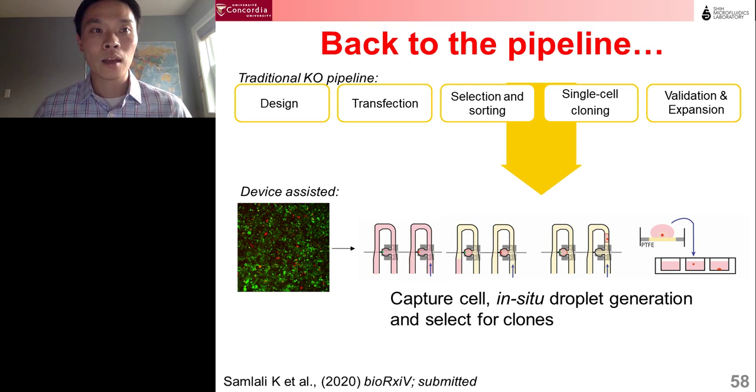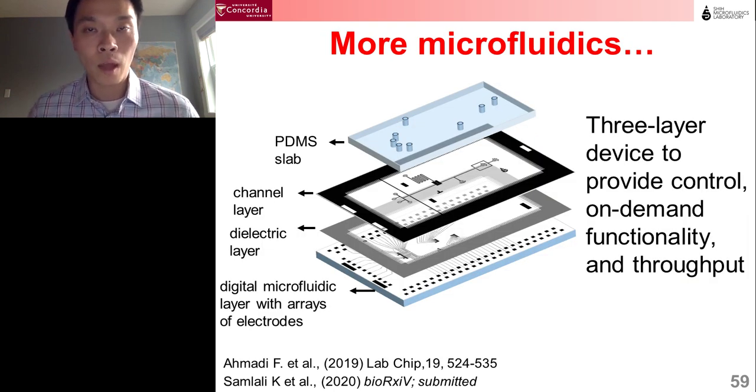And so again, here's the platform that we use for selection and isolation. It's this 3-layer device that provides control and has this on-demand functionality where you can select the droplets anytime you want, create droplets anytime you want, and at the same time, we have throughput as well. And really all it consists of is the digital microfluidic layer, the dielectric for the digital microfluidic layer, a channel layer for the droplets, and then a PDMS slab to provide the reagents and also prevent any evaporation of the liquid.